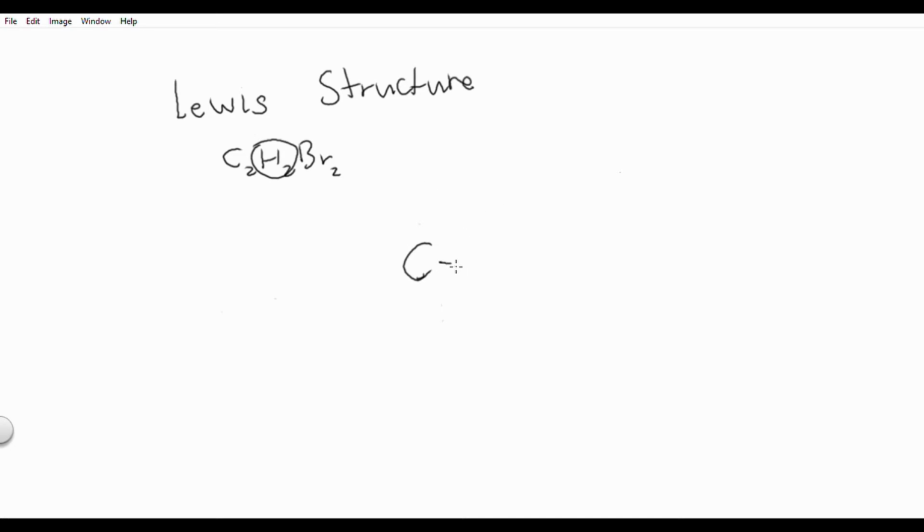So what that means is you have carbon, then you have carbon. If you have hydrogen on one side, you also need to have a hydrogen on the other side. If you have a bromine on one carbon, you also need bromine on the other carbon. It's completely symmetrical. That is very important when you're drawing the Lewis structure.